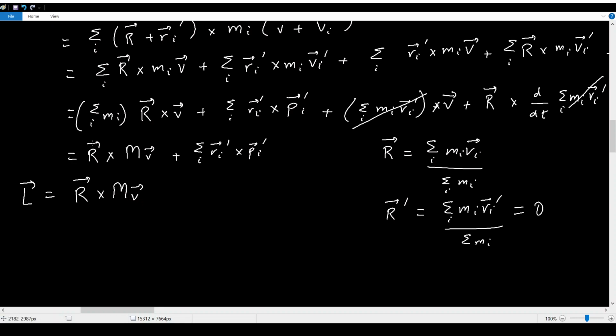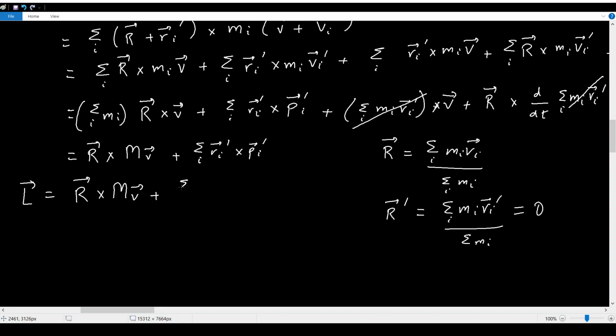So what this first quantity denotes is the angular momentum concentrated about the center of mass. So these are all center of mass quantities. M is the total mass of the system. This is the radius vector of the center of mass in the original reference frame, and this is the velocity of the center of mass in the original reference frame.